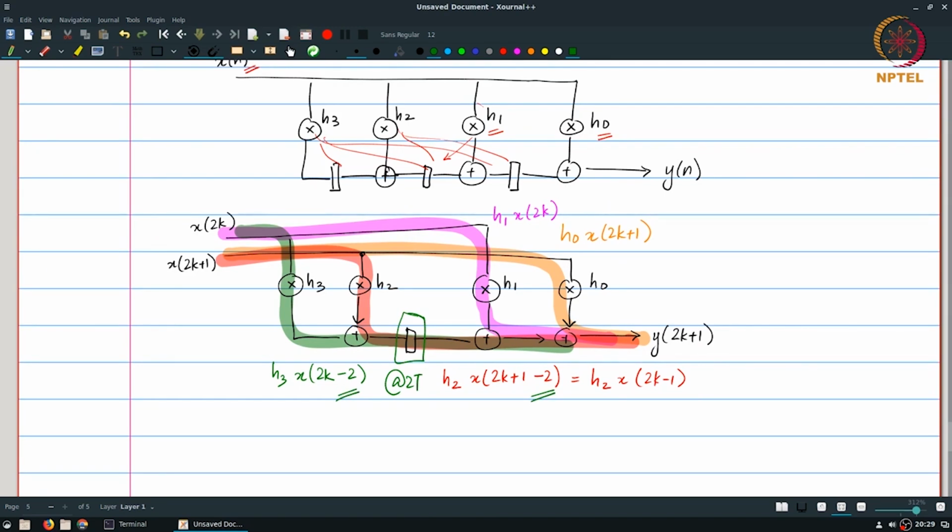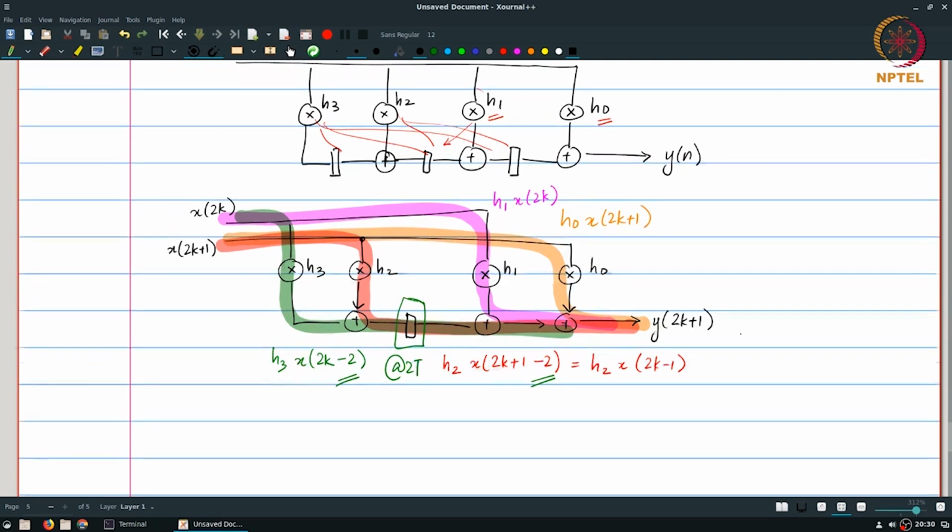Using this, you can verify that this particular structure that I have shown actually implements the y of 2k plus 1, and similarly a similar set of additions can be used in order to create y of 2k. So what we have done, in other words, is to take the input x of n, and split it using a serial to parallel converter into two streams, x of 2k and x of 2k plus 1. We finally obtain y of 2k plus 1 and similarly y of 2k, and we can merge them back together using a parallel to serial converter.